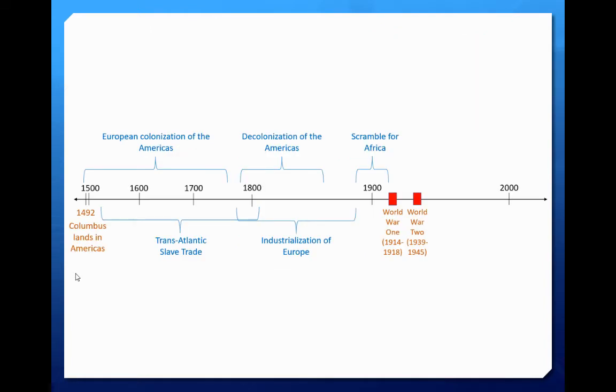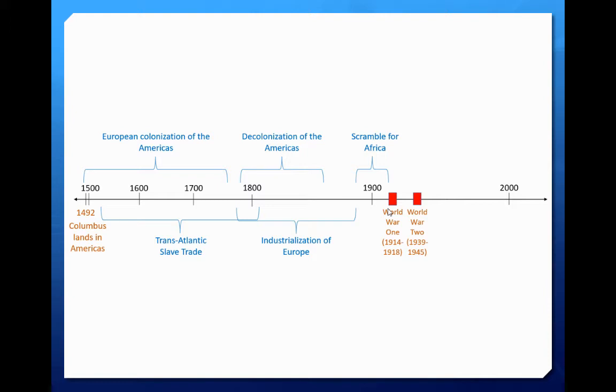So you guys made a timeline in the last unit, and you learned about a couple of world wars, right? So we learned about how imperialism was one of the main causes of these world wars, right? As empires competed with each other to get as many colonies as they could, they came into conflict with each other.